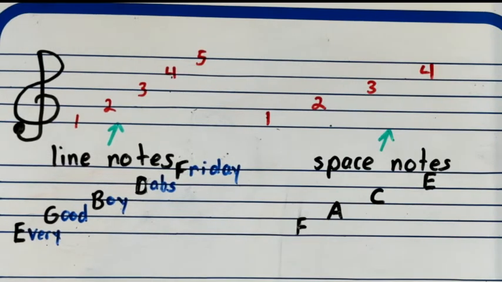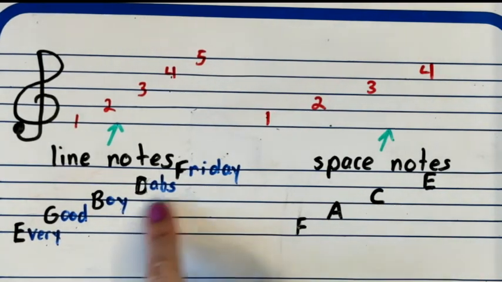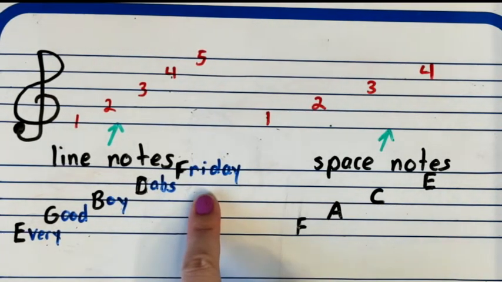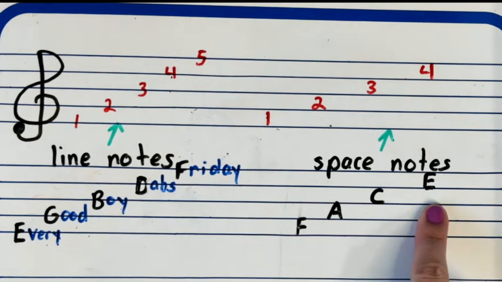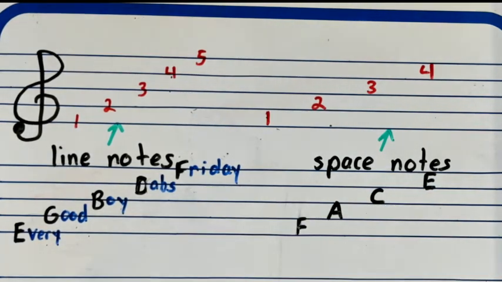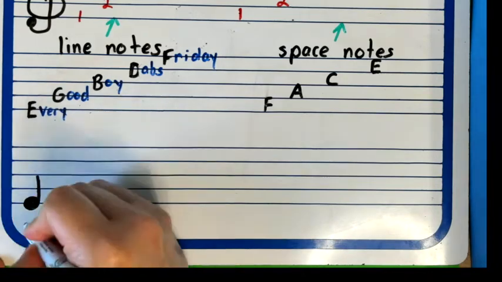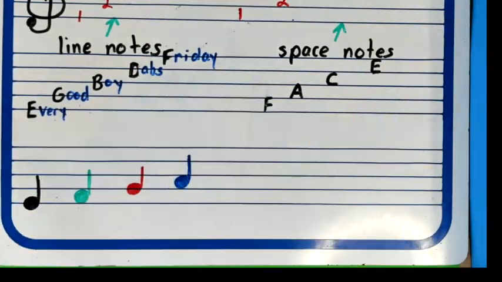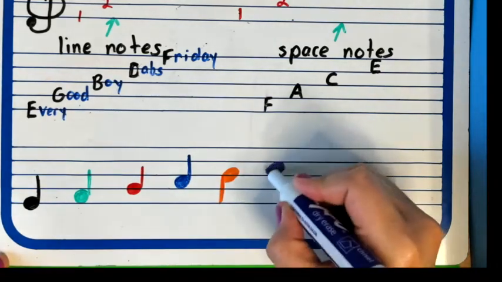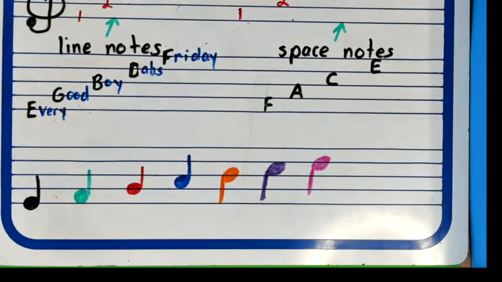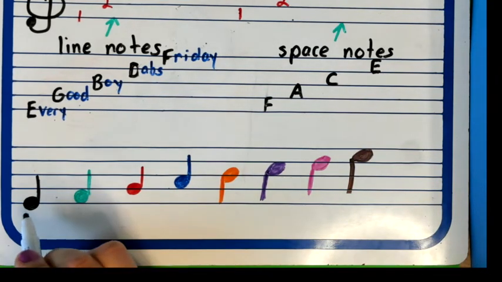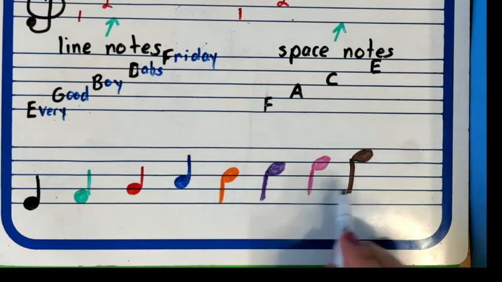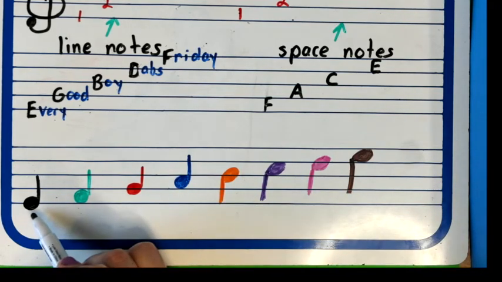Now, another way to keep track of Every Good Boy Does Fine and FACE is really easy. Watch, I'll show you really quick. All right, so I wrote down, basically using different colors, the names of the notes.